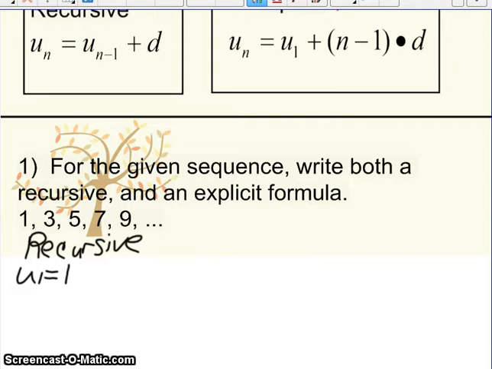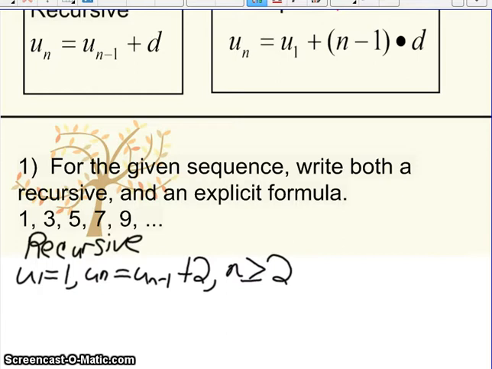And then we're going to write a recursive formula, which is in terms of the previous term. So here I am adding 2 each time. So I've got the previous term plus 2, and then the domain is n is greater than or equal to 2.